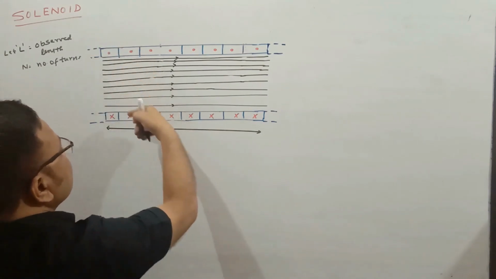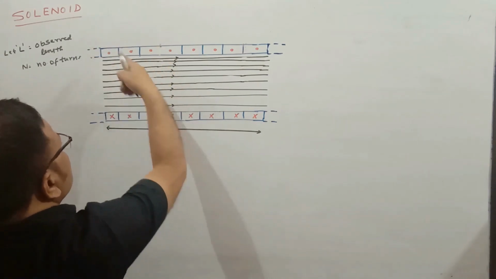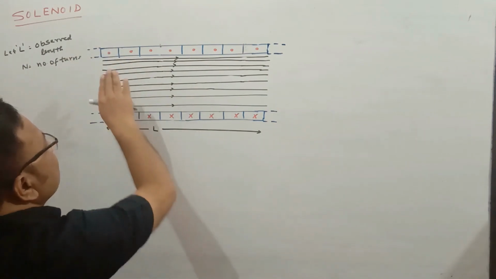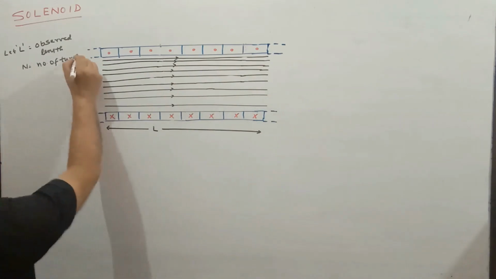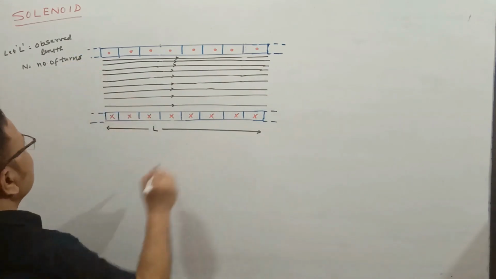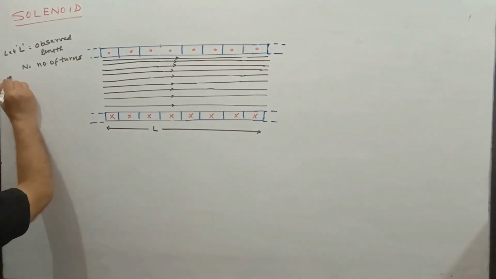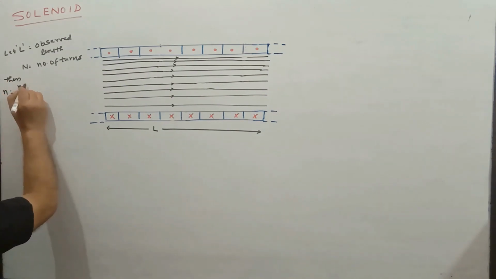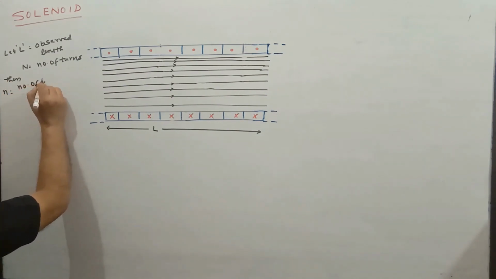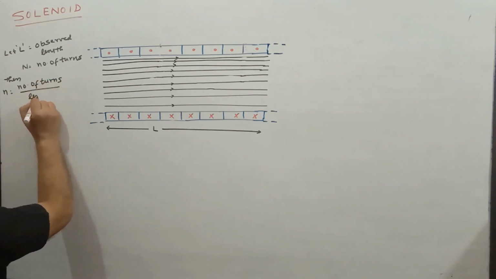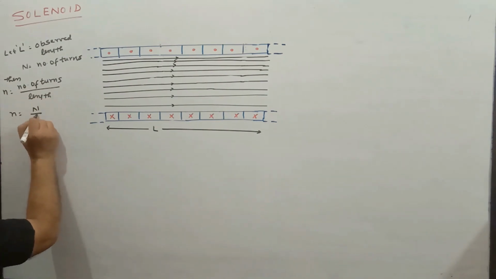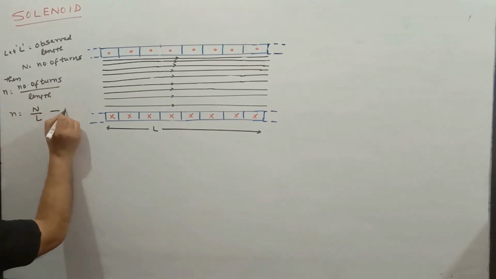Here also the current is coming out, going in, like this. This dot stands for current coming out, cross stands for current going in. So from here to here N turns are there in this particular length L. There is a term called small n, denoted as the number of turns per unit length. So n is equal to capital N divided by L, equation number 1.